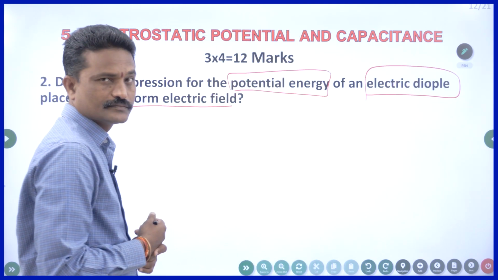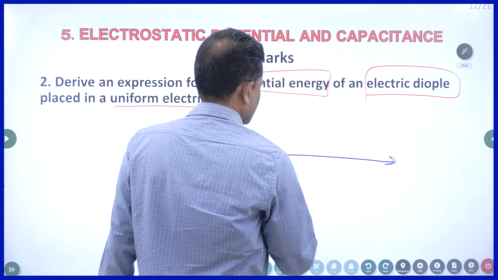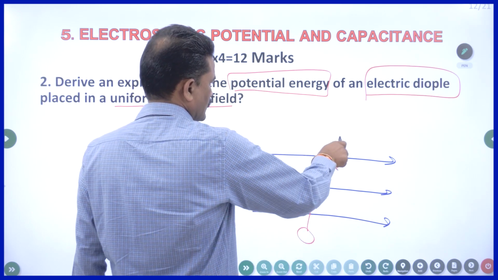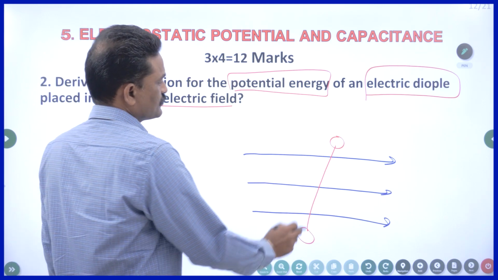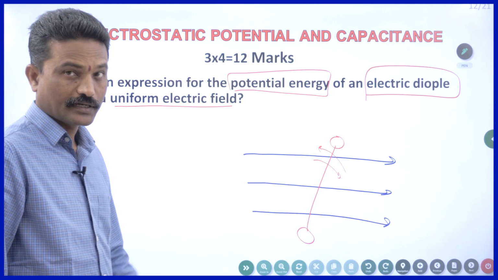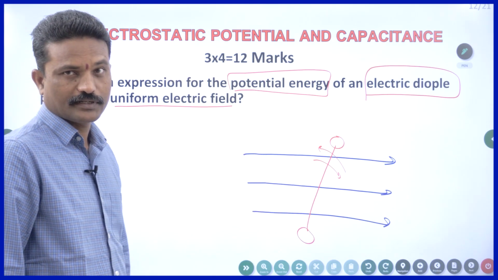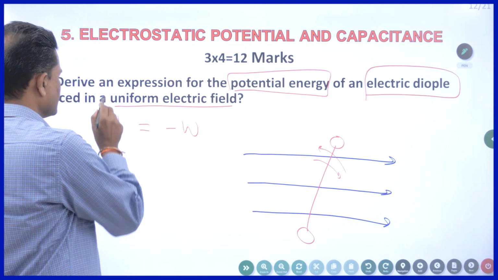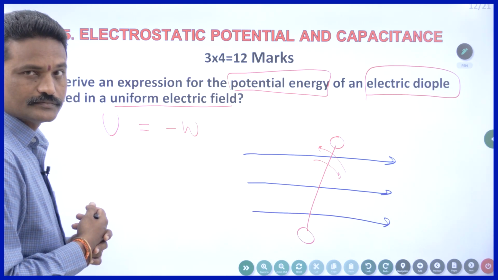So, there is a uniform electric field, and in this field a dipole is placed. The dipole wants to move in this direction, but you are moving it in the opposite direction against its wish. That work done is stored as potential energy. So, the negative of the work done is stored as potential energy. Is this clear? That we have to derive.